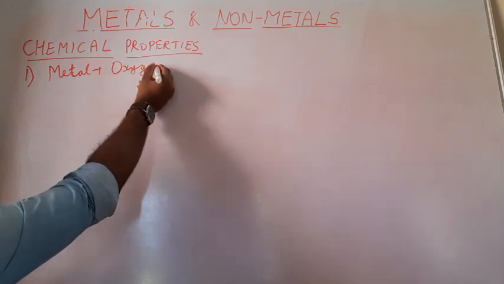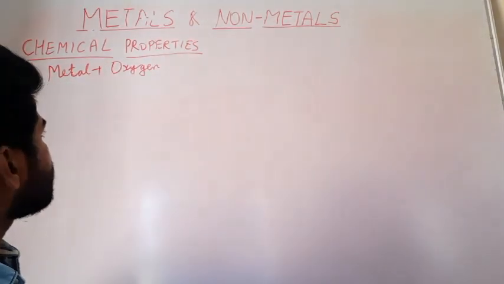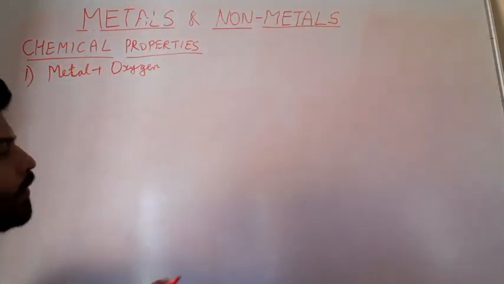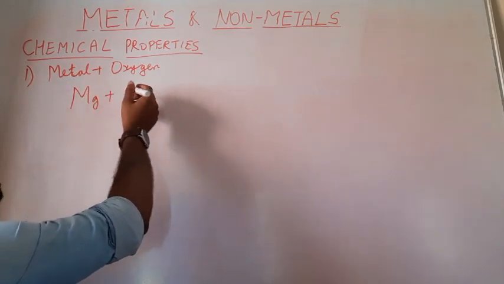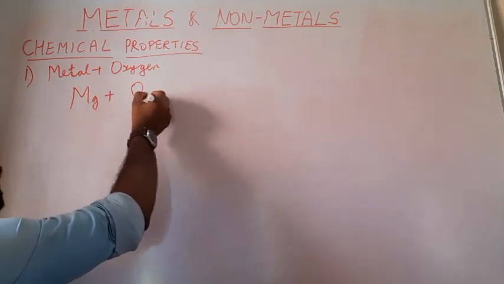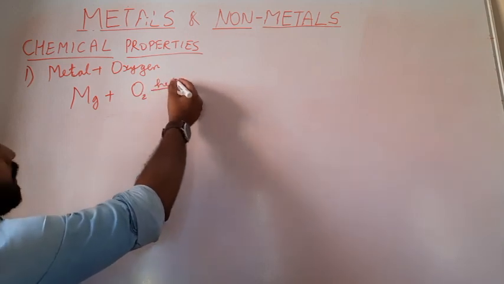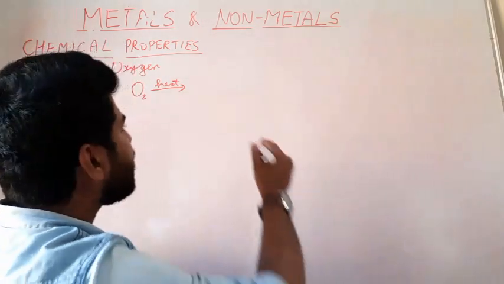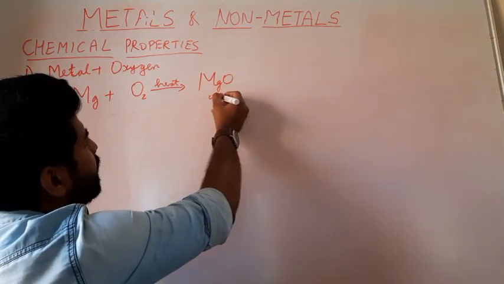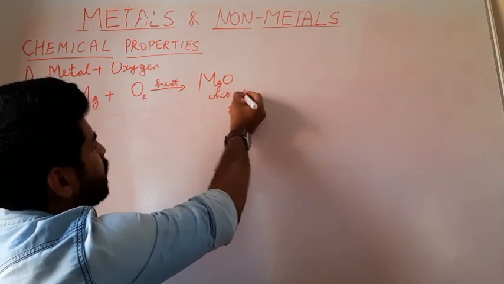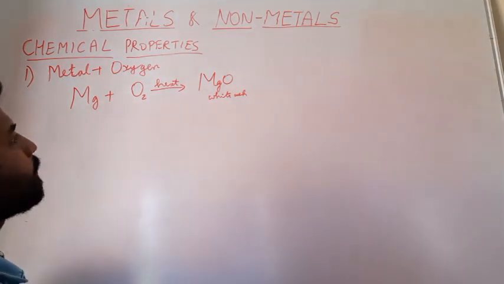Let's begin with the reaction of metal with oxygen. How does a metal react with oxygen? You would have seen this experiment where we take magnesium ribbon and burn it in the presence of oxygen. It burns brightly and finally you get a white colored ash, which is magnesium oxide.